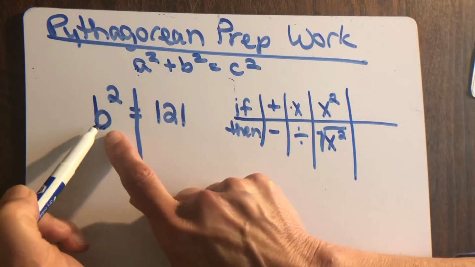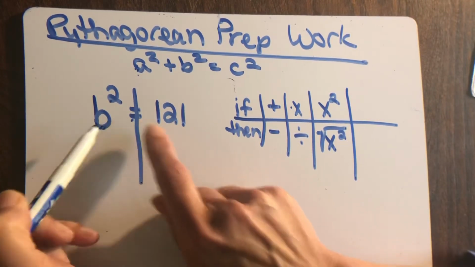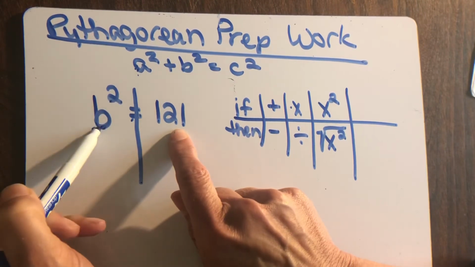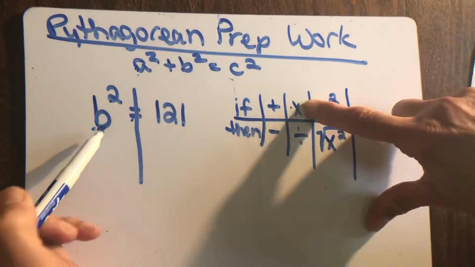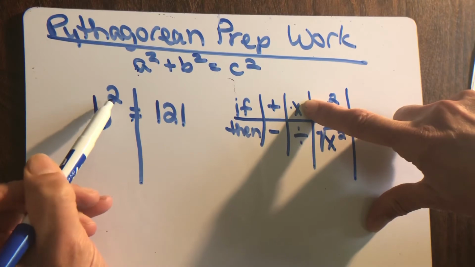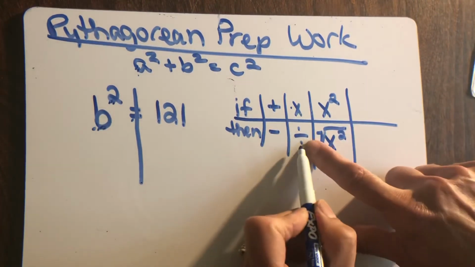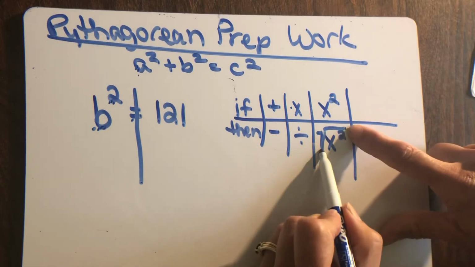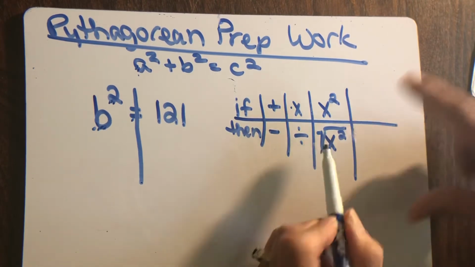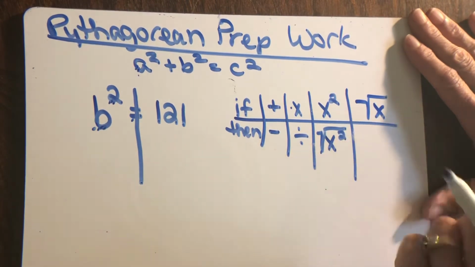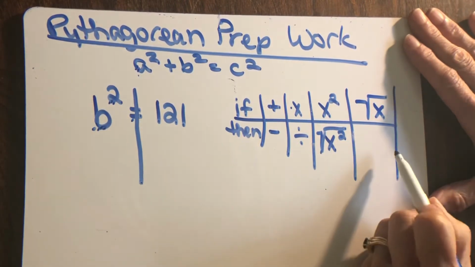Remember that? So this is something we have to know. When you see it in algebra, this is an equation. Okay, it's very short, but it's still an equation. So how do I undo that? That's not division, because this is shorthand for multiplication, but it's not just multiplication. So we can't use division. We've got to use a square root. And when you see something taken to the square root, how do you undo that?